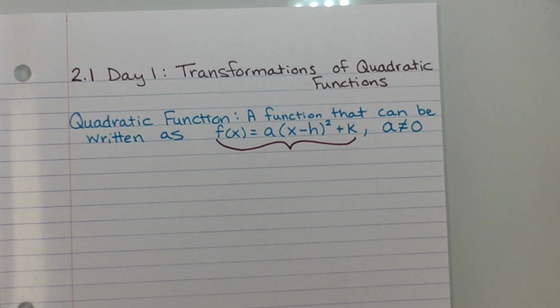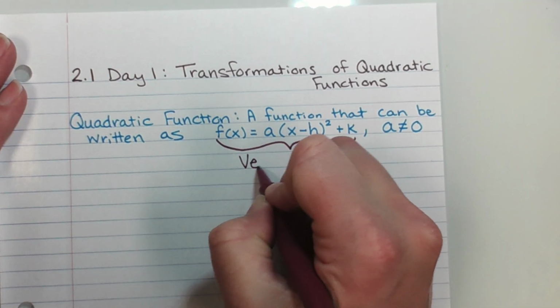This piece of it, a times quantity x minus h squared plus k, involves a, h, and k. We talked about a, h, and k in chapter 1. We're talking about them again today. But in quadratics, this function in its a, h, and k format is known as vertex form.